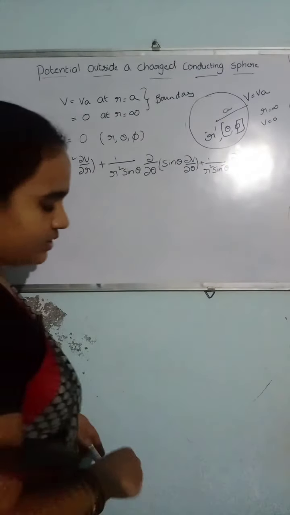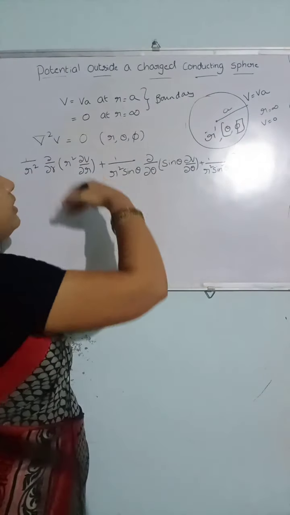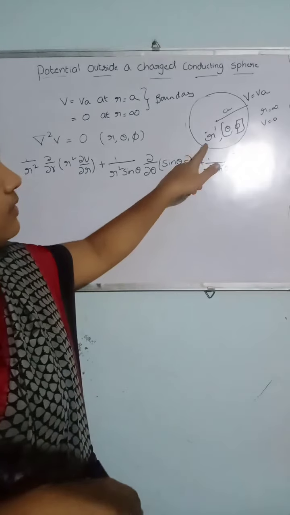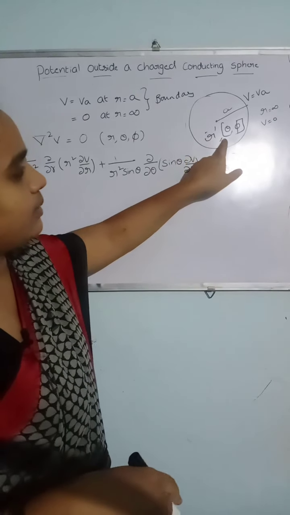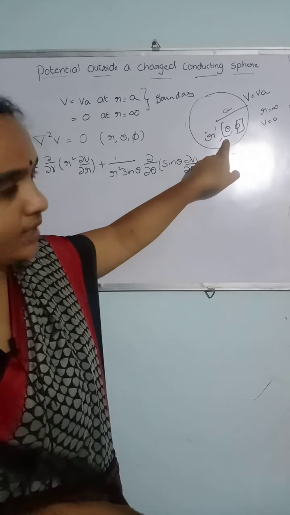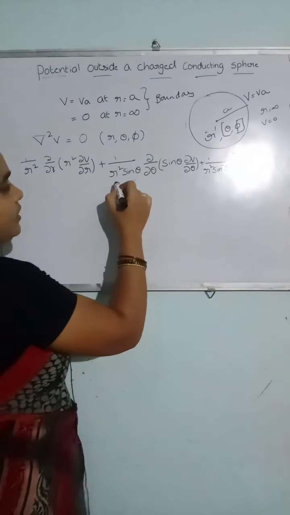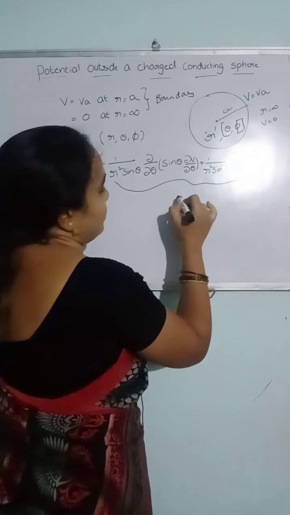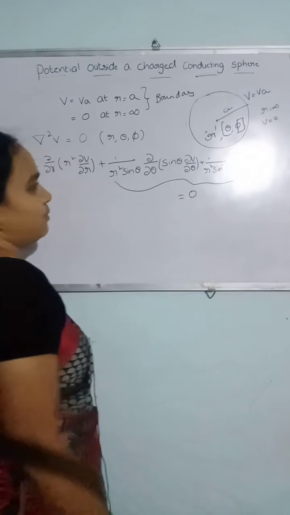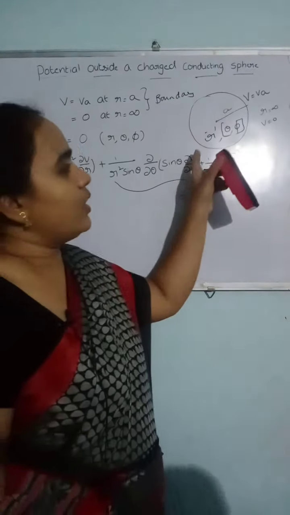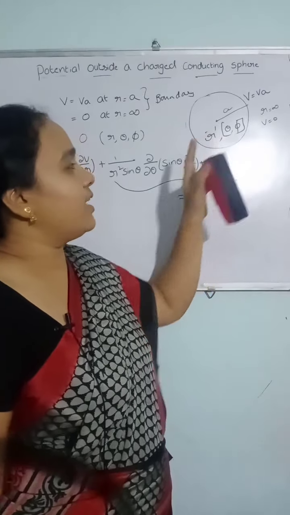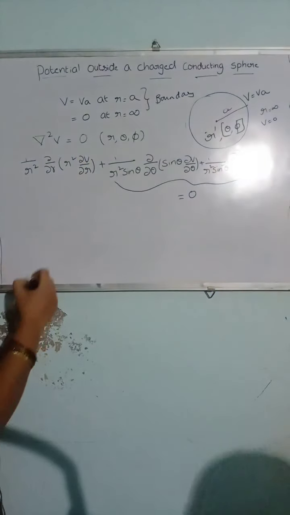So that means this total boundary condition depends upon the value of r only. The remaining two coordinates theta and phi are constraints. Hence in this equation these two terms will be equivalent to 0, because here r is the only variable and theta and phi are the independent variables.